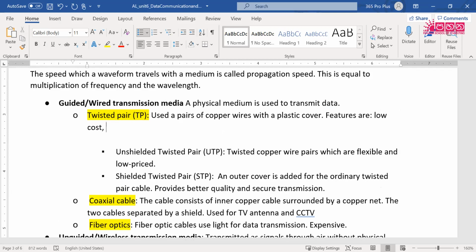Usually twisted pair cables are priced lower. Then bandwidth is also low.